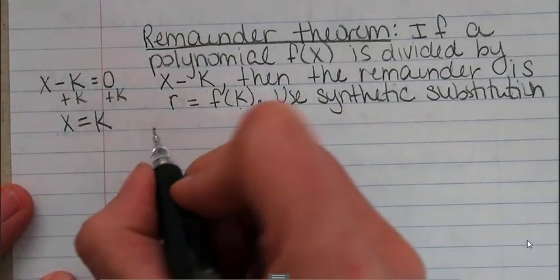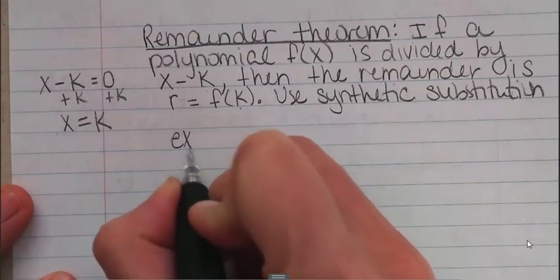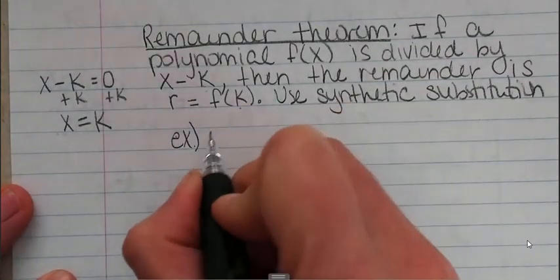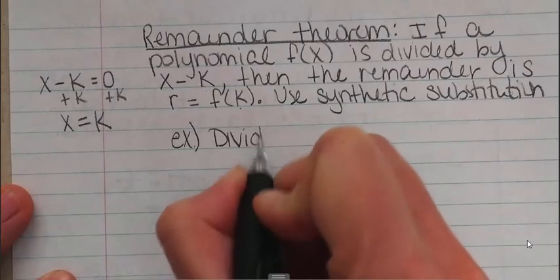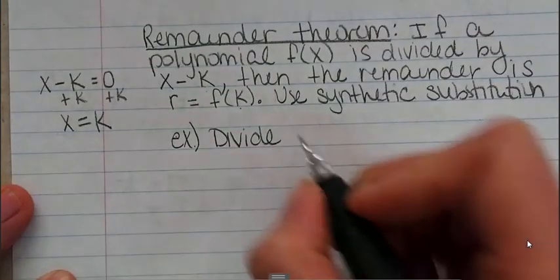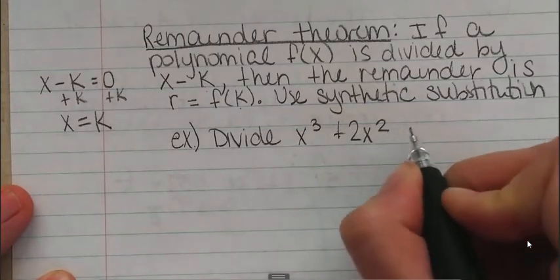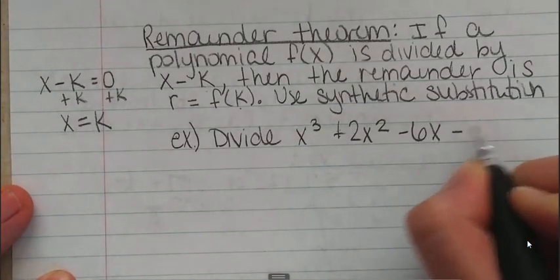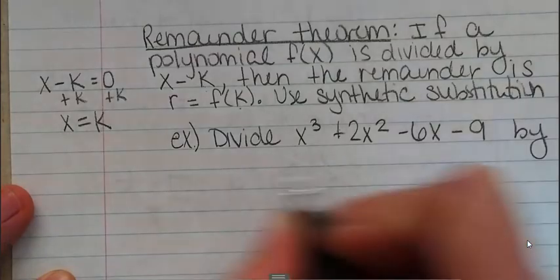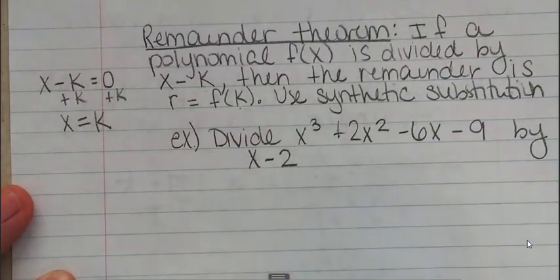Okay, so for example, here's an example of this. We are going to divide x cubed plus 2x squared minus 6x minus 9 by x minus 2.